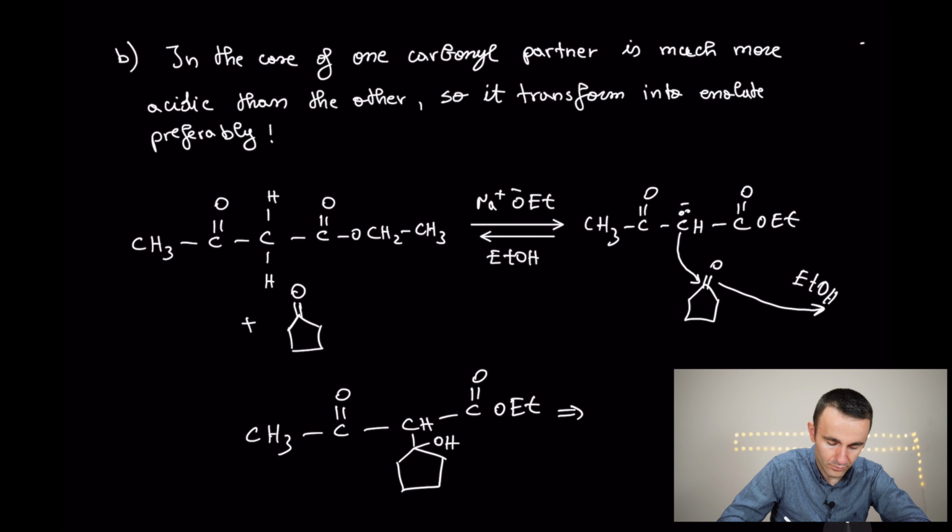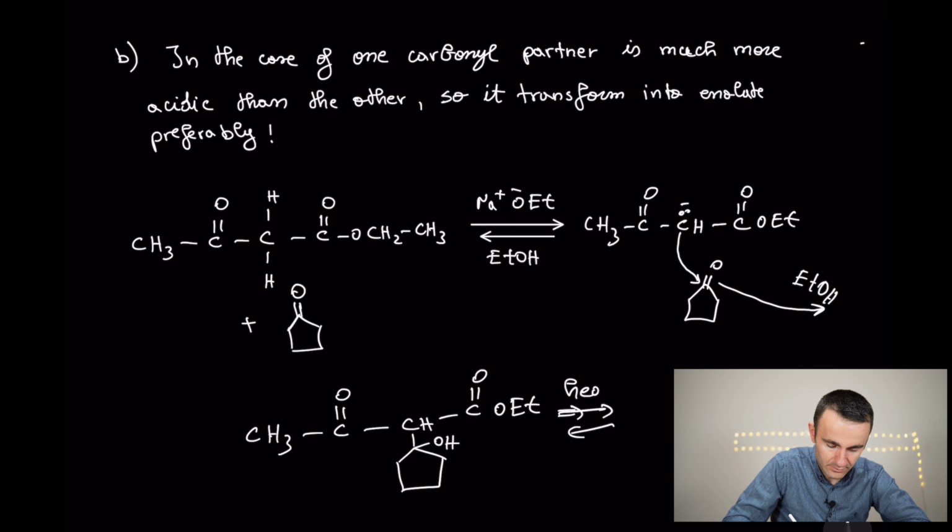And when we apply heat to do elimination of 1 molecule of water, the final product is going to be, right? This is going to be the final product, plus 1 molecule of water.